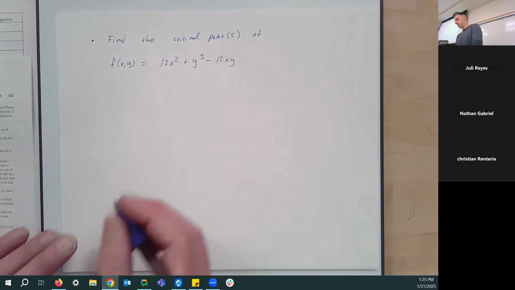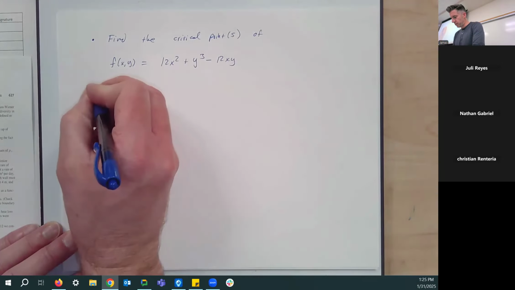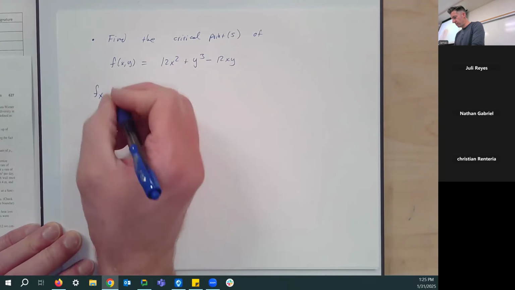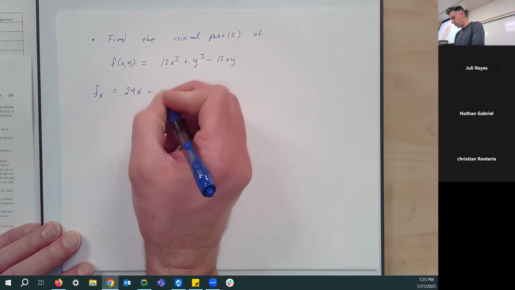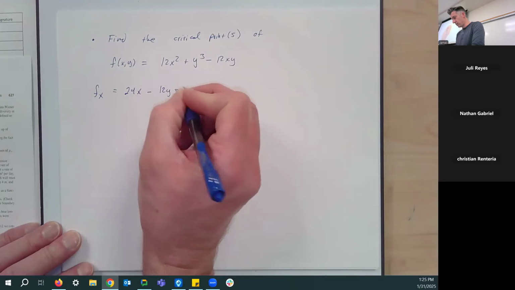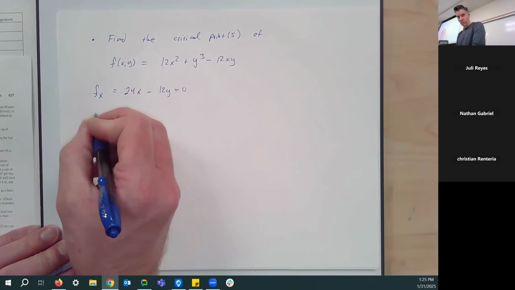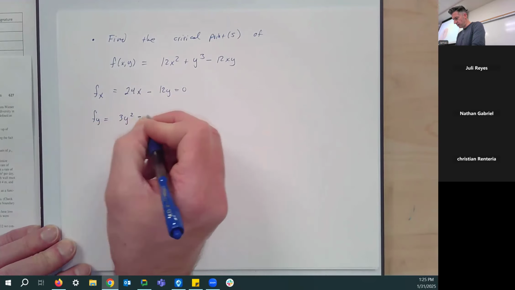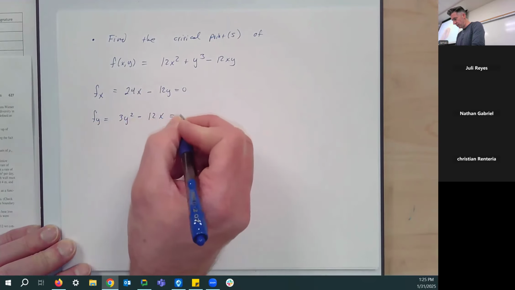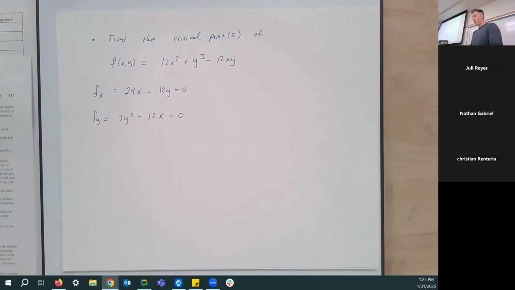Let's take a look and see what we get for our critical points here. Taking the partial derivatives, I'm getting 24x minus 12y equal to 0. And with respect to y, we're getting 3y squared minus 12x equal to 0. I'm going to look at the least complicated one and deal with it.